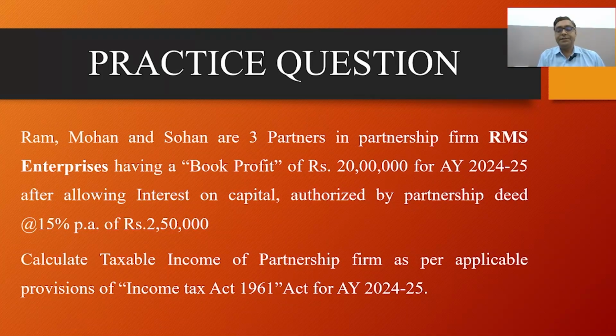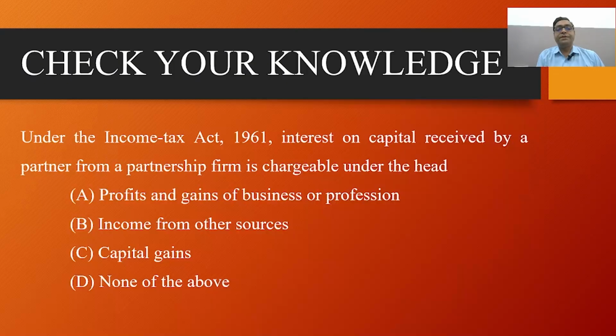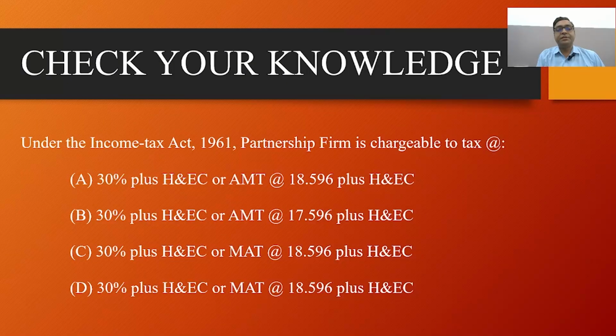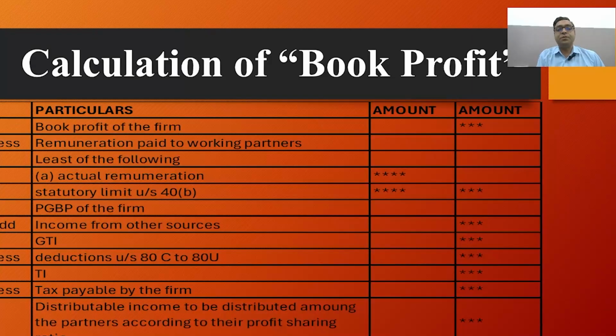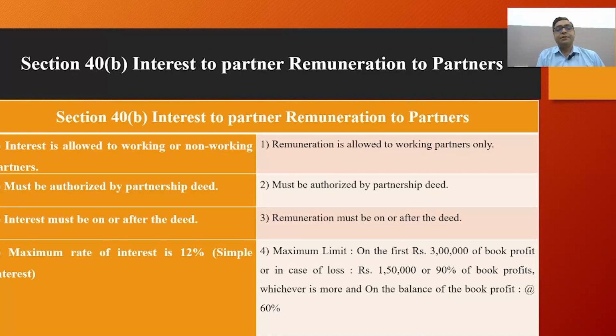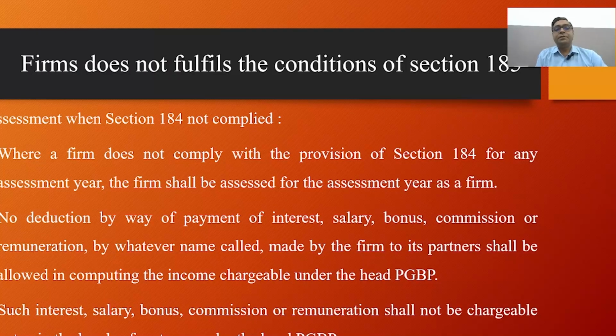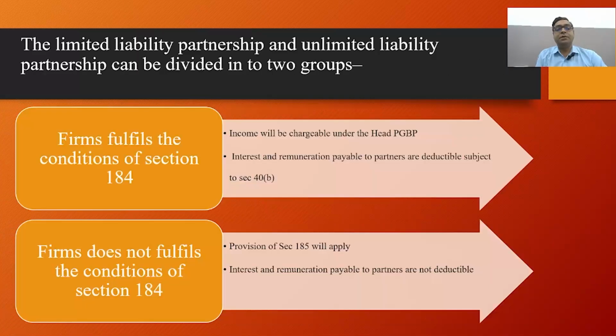We have already discussed calculations of profits and checked the knowledge, rules and regulations of how to calculate book profits, section 40B interest on partner remuneration, and how section 184 is fulfilled.